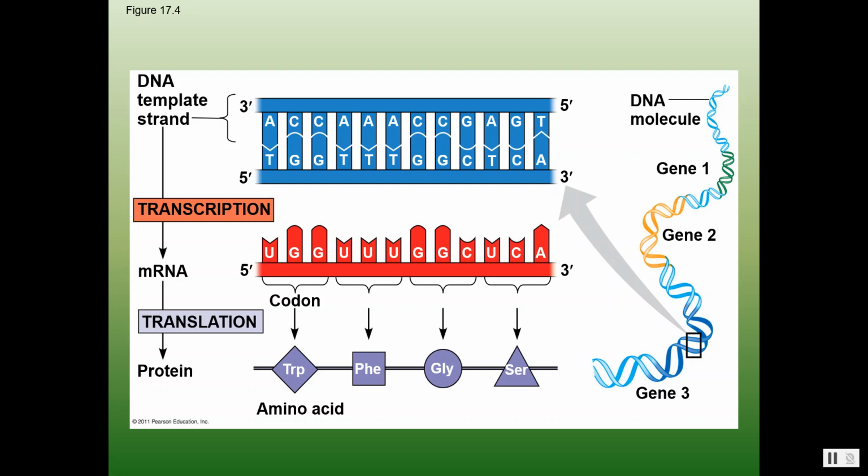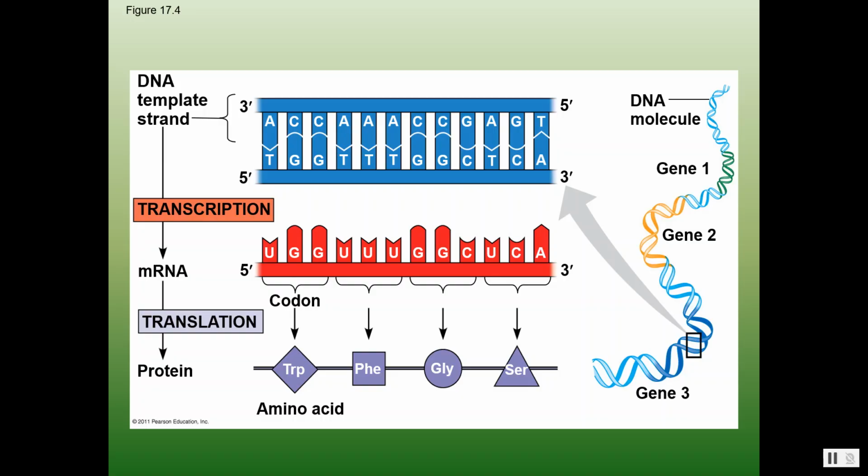DNA, obviously double-stranded DNA. So we're going to use the top as the template strand. We're going to transcribe that into RNA, and we're going to translate that into protein. For the transcription of DNA to RNA, you have to know which strand is going to be the template strand. And basically all you're going to do is pair it up.